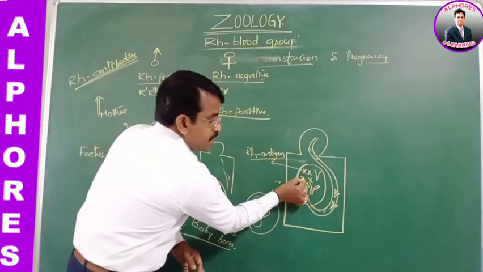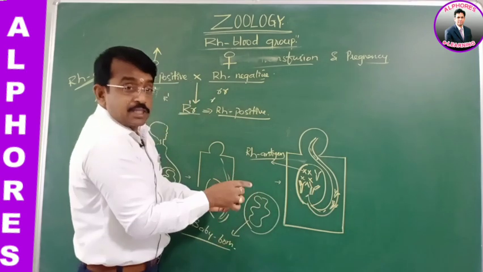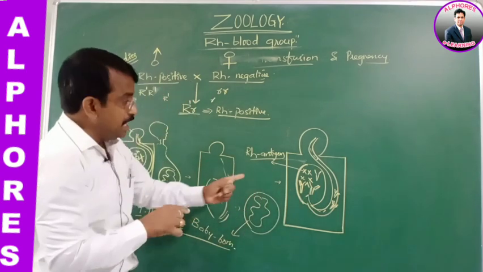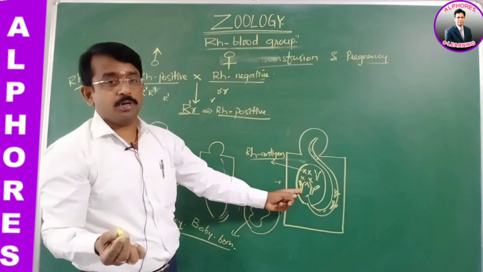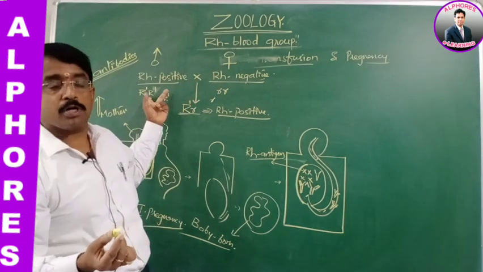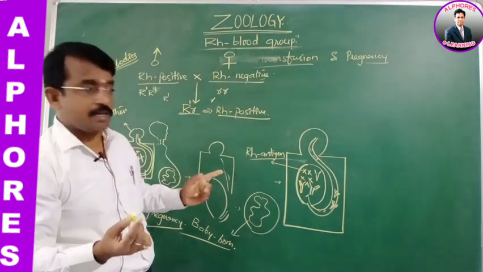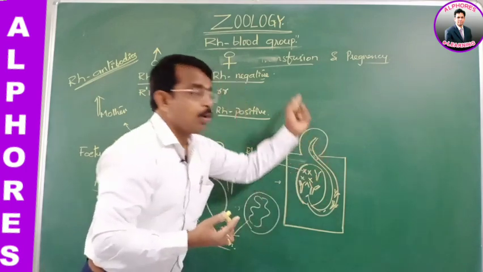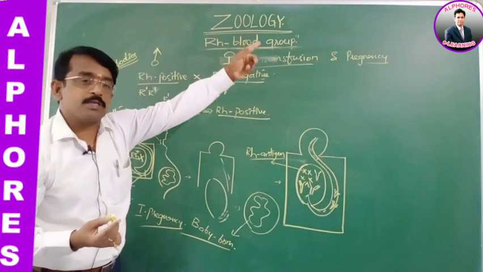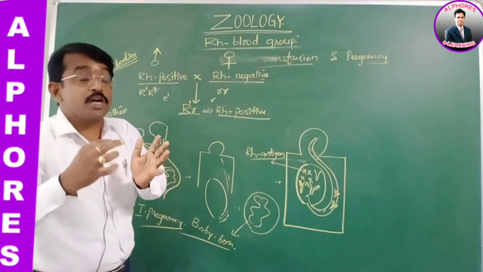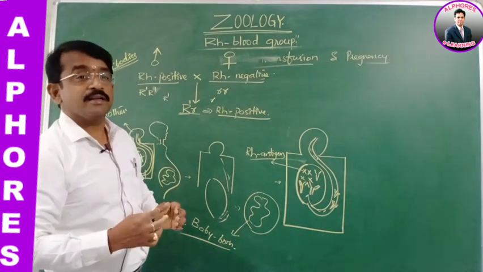On this second exposure, the second baby born is with Rh antigen naturally, as the parents are Rh positive father and Rh negative mother. These Rh antigens are exposed to the sensitized mother's immune system. Rh antibodies go on producing.